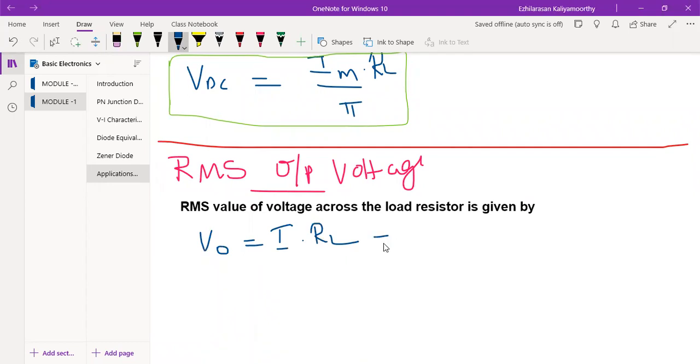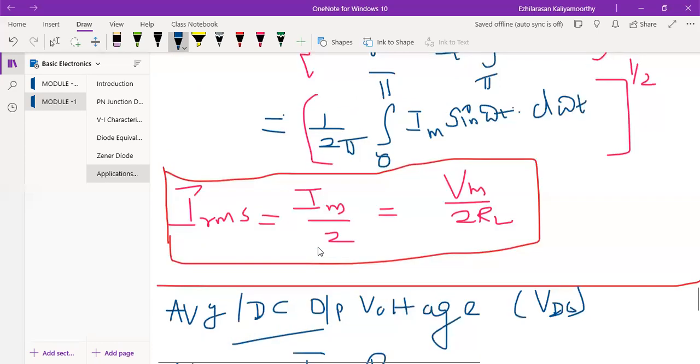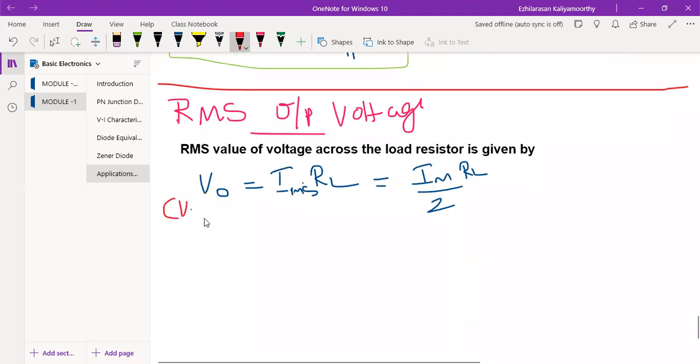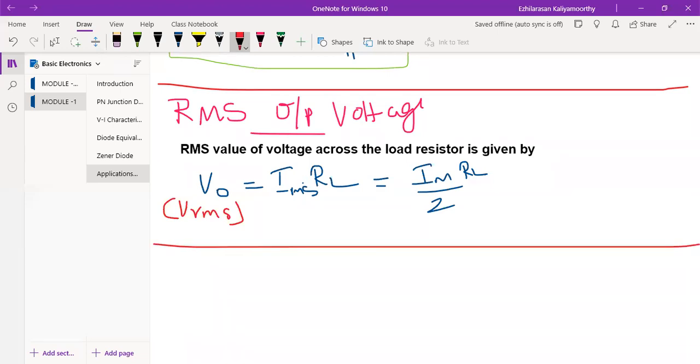That is IRMS, which we already calculated, and that is nothing but IM by 2. So IM by 2 into RL is V naught, or we can call it VRMS also. The VRMS is equal to IRMS into RL, where IRMS we already know. I hope you got it. So this is the next derivation.